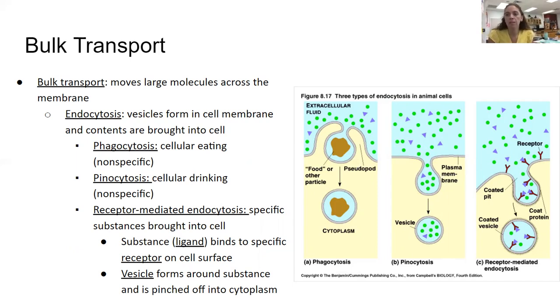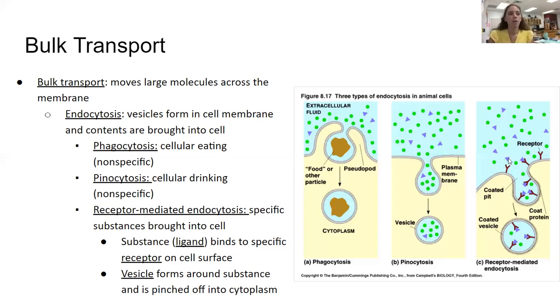In this case, the substance is going to be a signal molecule, also called a ligand. And we'll talk a whole lot more about ligands when we get to cell communication, but a ligand is going to bind to a receptor molecule. So that's what these little Y things are. These receptor molecules can be some of the glycoproteins or the glycolipids or the carbohydrate chains that we talked about yesterday being on the outside of the cell membrane.